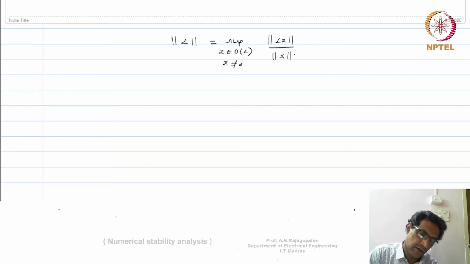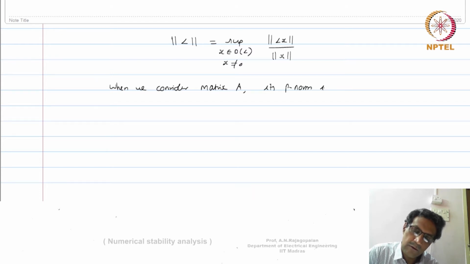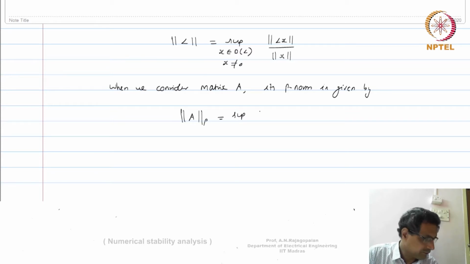And now the idea is that for a matrix norm, when we consider the special case of a matrix A, its P norm is given by norm A_P is equal to sup over x not equal to 0, norm AX P norm by norm x, that is also P norm.